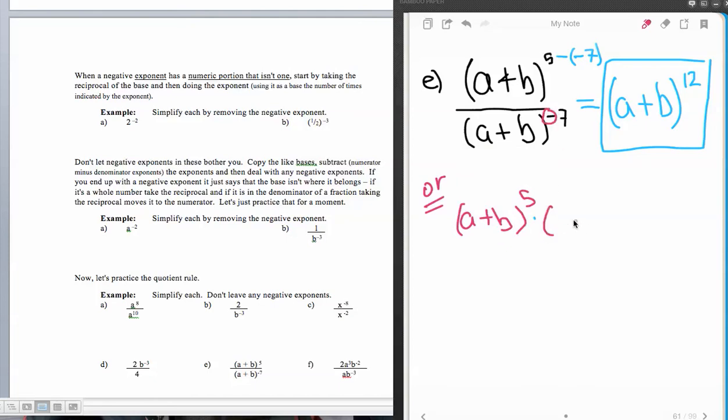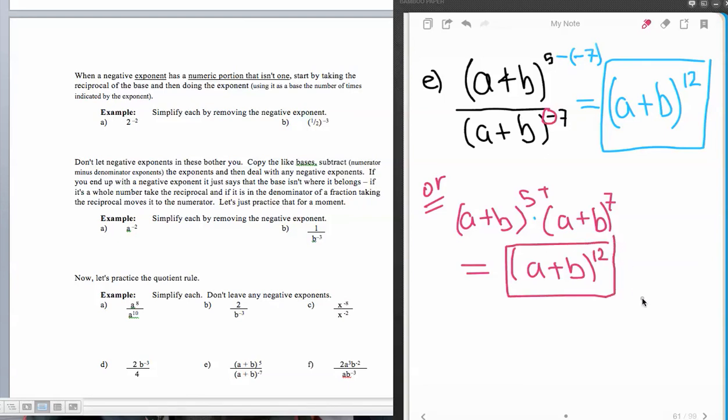So now we're going to have also a plus b to the 7th power, and now what you see is we just turn this into a product rule. So we copy the like base, a plus b, and we add the exponents. So it's a plus b to the 5 plus 7, which is 12. And you see the exact same answer. So we avoided any integer operations at all on this particular problem.